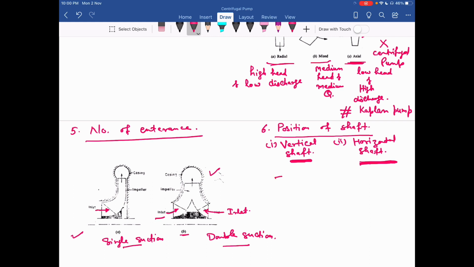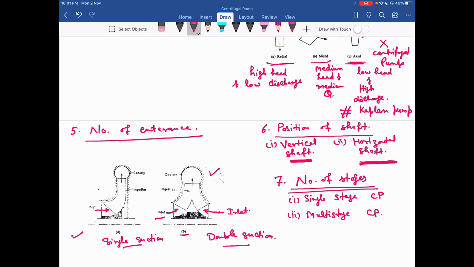Okay. And then the last one is on the basis of number of stages. So according to this classification, we have either single stage centrifugal pump or multi-stage centrifugal pump. Okay.